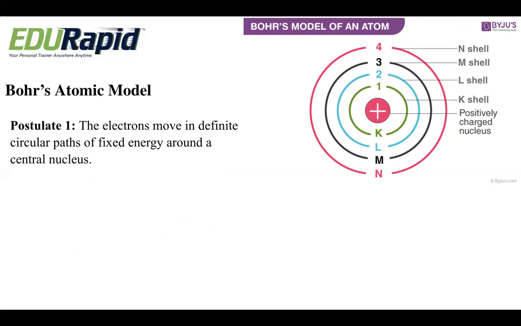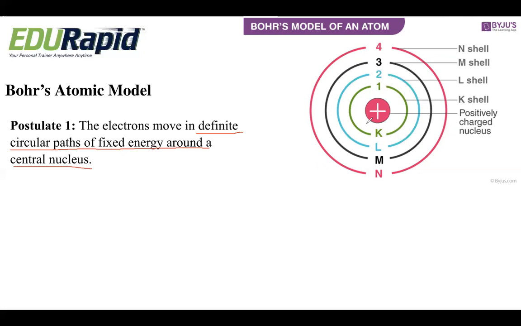Postulate 1 states that electrons move in definite circular paths of fixed energy around a central nucleus. You can see the diagram on the right side. Rutherford did not explain this; he just said that electrons are present in empty space. But Bohr said they are present in definite circular paths.